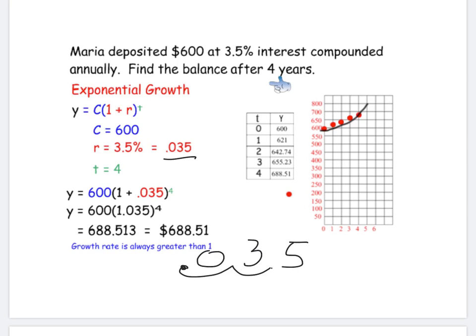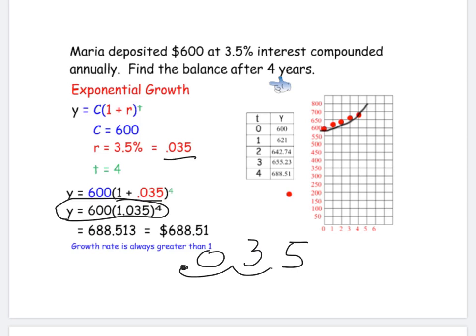So in order to simplify the equation, there's only one part that I can simplify: 1 plus 0.035, which is 1.035. So my actual equation for growth would be that equation there. To figure out how much would be in the account, I take a calculator and put in 600 times 1.035 to the 4th power.